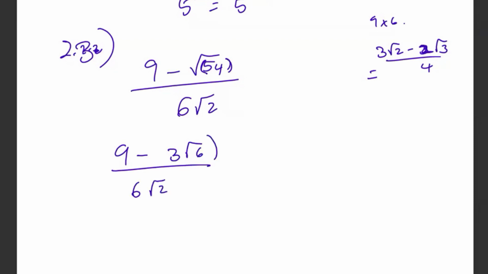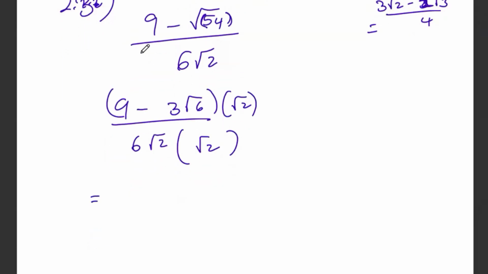Now for us to rationalize this, just multiply by root 2, multiply by root 2, meaning that we're gonna have 9 root 2 minus 3 root 12 over 12.